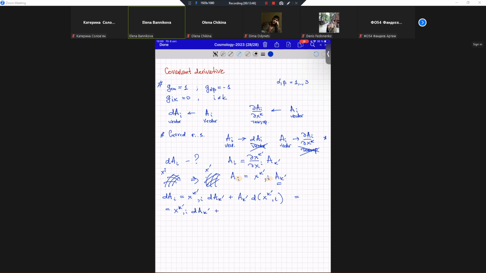And here I will even write it in the form which is much more common for you to use. So it means that d2 x k prime divided by dx i dx a and dx l.